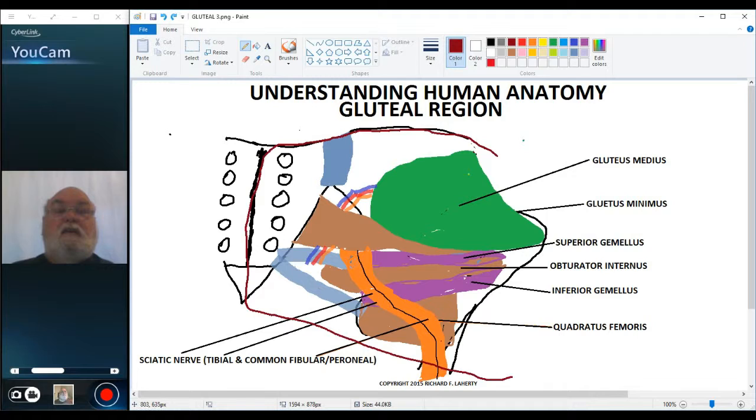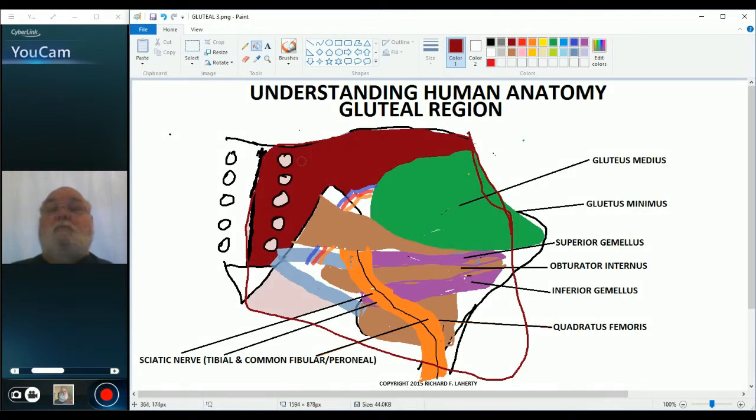And it covers over most of the gluteus medius muscle, and we'll color in the gluteus maximus.